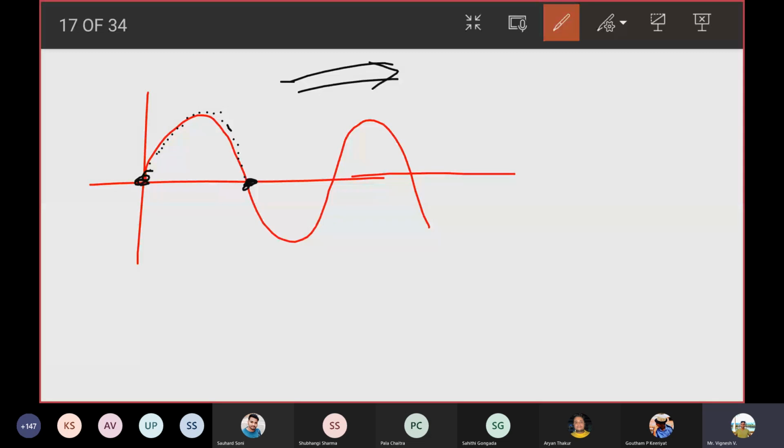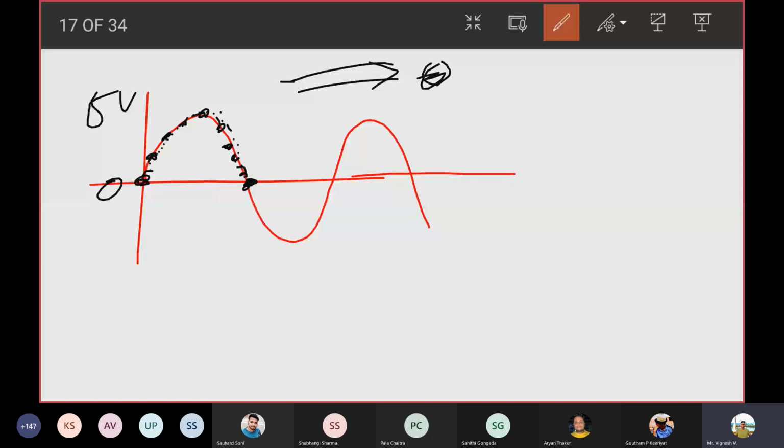Say, let me say, I segregate this into 10 points. Okay, 2, 3, 4, 5, 6, 7, 8, 9, 10. Okay, these are the points. I write the values, the voltages at all these points. Say it is from 0 to 5 volts.